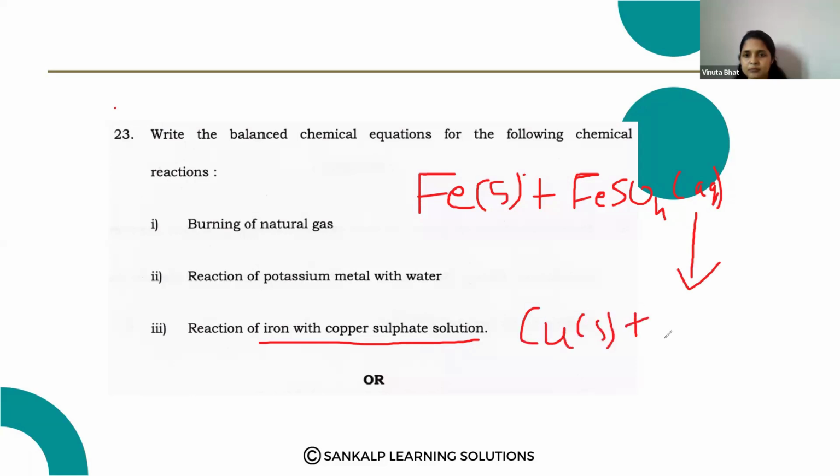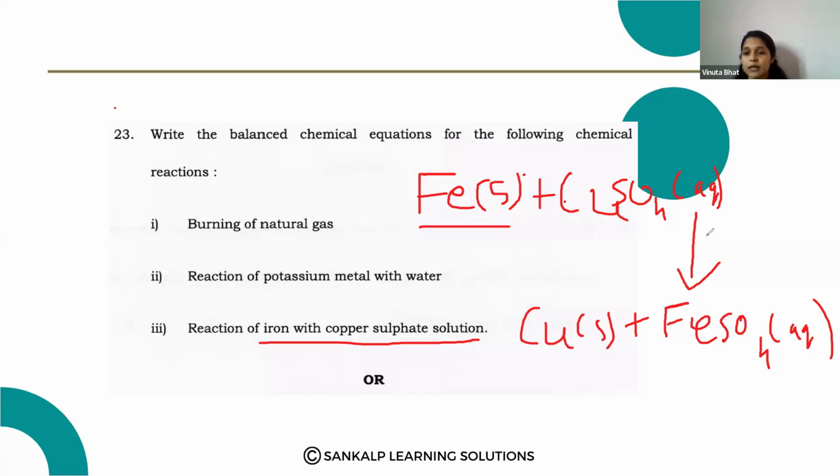Sorry, the copper sulfate, right? Here copper is displaced and ferrous sulfate solution is formed. Here Fe in the reactant and in the product is also same. SO4 is also same and Cu also same. There is no need to balance this reaction and it is a displacement reaction. We can call it a displacement reaction.